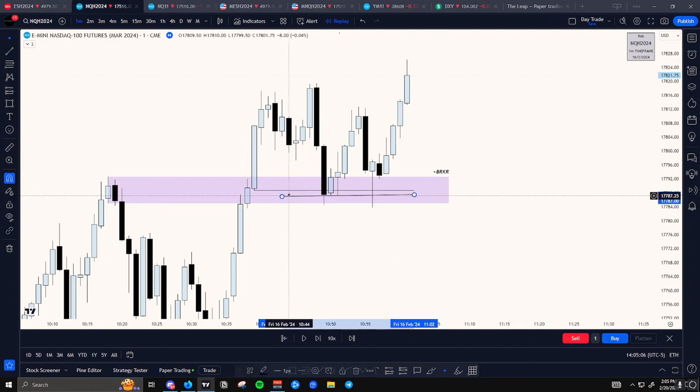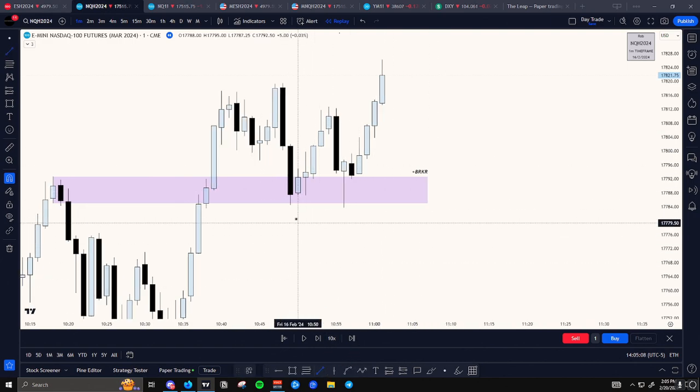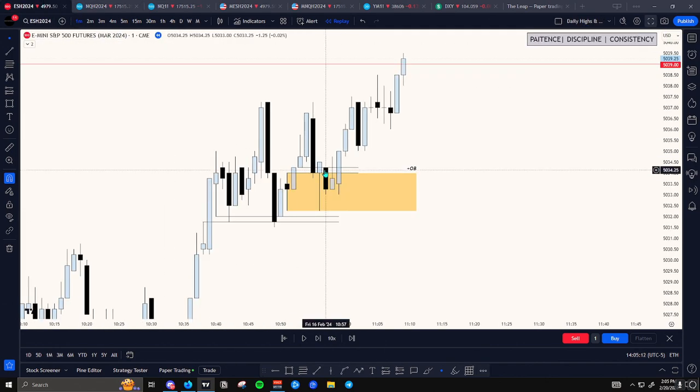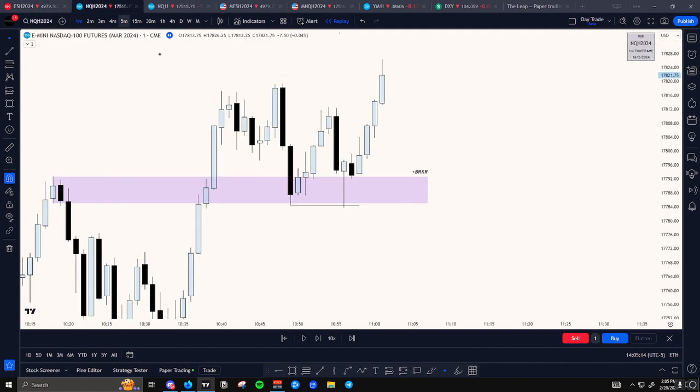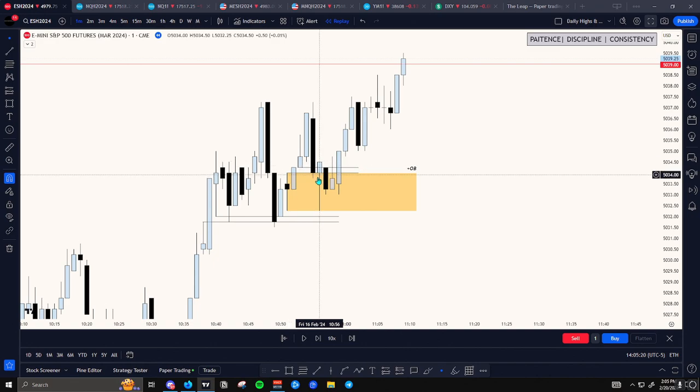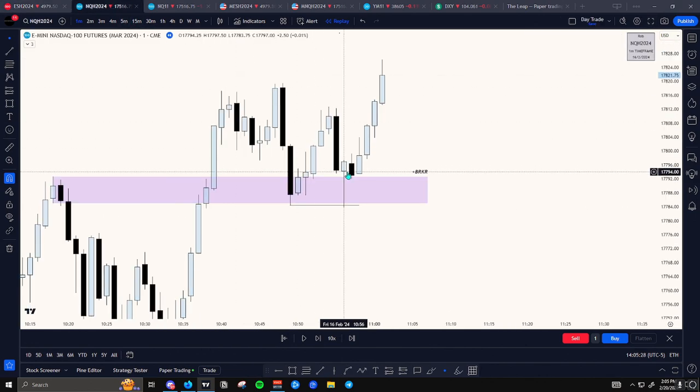But what I was looking for was NQ to run this low, and ES, this is at 1056, and here's 1056. So I was looking to see if NQ would run this low and if ES was not going to. So you can see the reaction is the same thing. We get this big wick, a tail on this candle, and the same thing here on NQ.